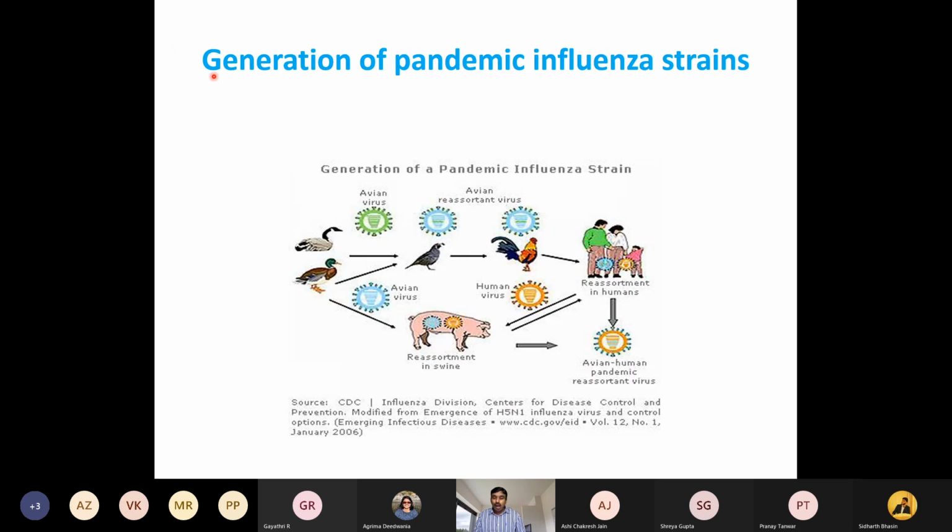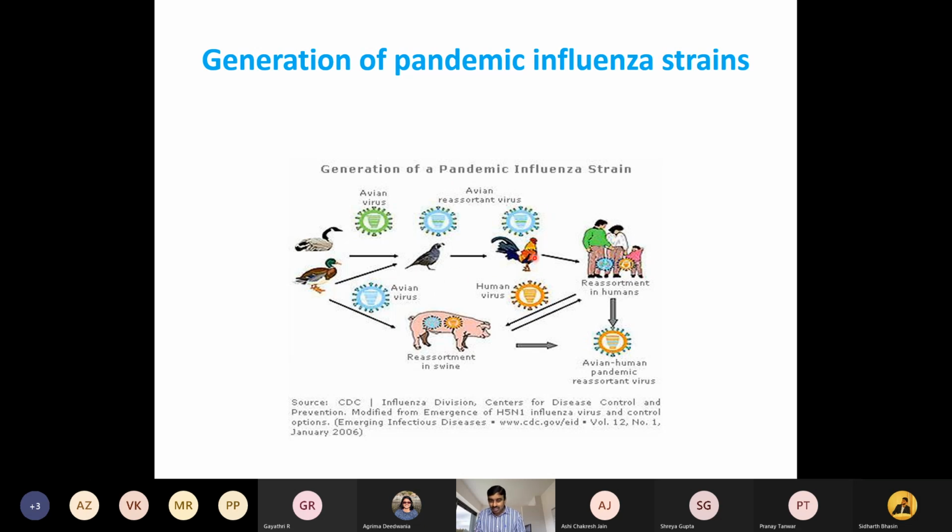Now, how is a new configuration of H and N generated for a new pandemic? Here's a quick look. Again, it's just a conceptual note. Maybe we'll follow this track right here first. Avian influenza virus was replicating in birds, as the name suggests, and this was happening for several centuries. The antigenic drift or reassortment among birds, or whether pigs were involved, we don't know.